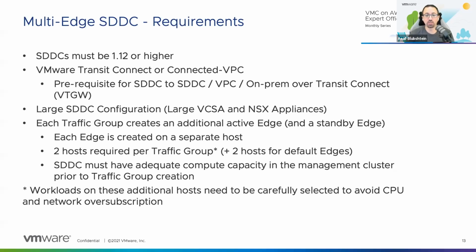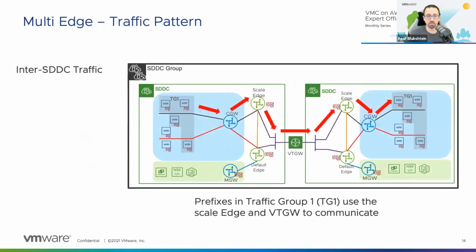So ideally, cluster 1, if possible, will only be used as a management cluster, where the rest of the VMs will run on separate clusters, if possible. If not, we just need to make sure that we don't run VMs on those specific edges. Okay, and I believe we can move to the next slide.